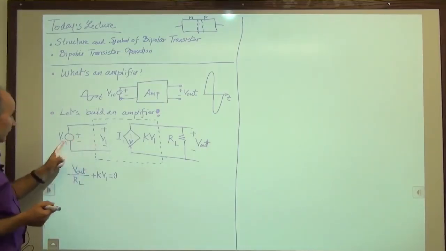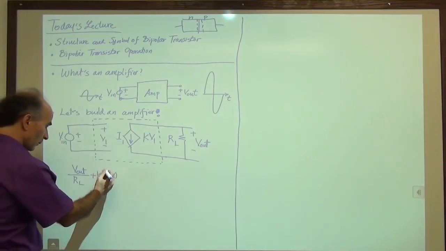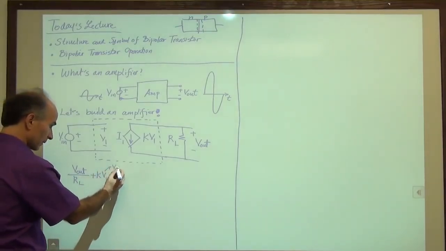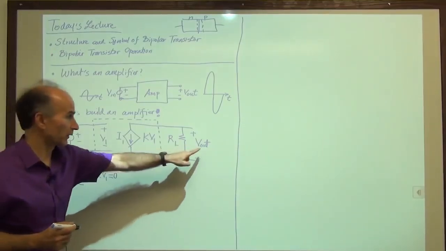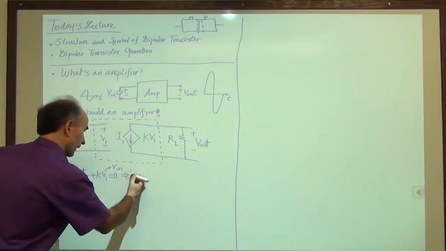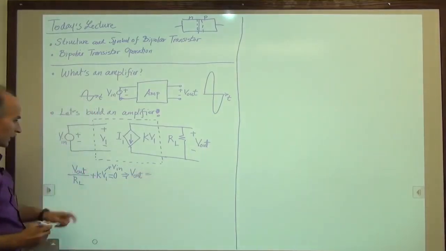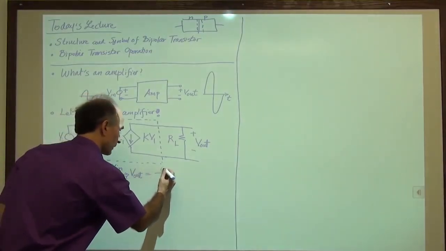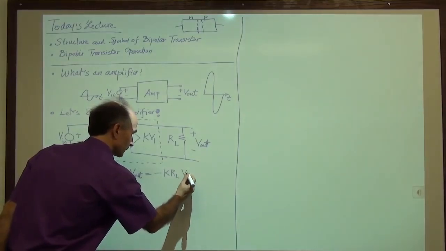So V1 is actually the same as V in. So let's replace V1 with V in, and let's try to find V out, because we are interested in the output voltage. So this says that V out is equal to minus KV in times RL. So minus KRL times V in.